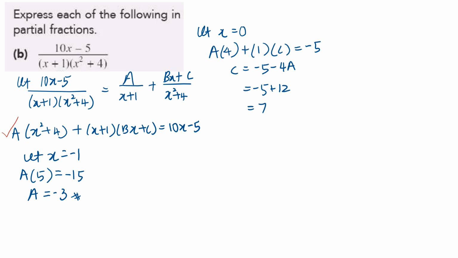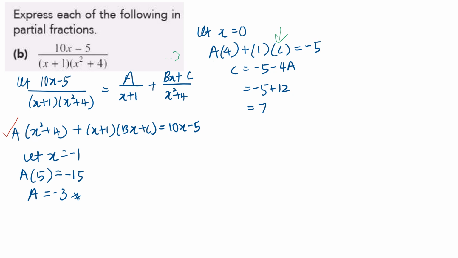Then we can eliminate b by letting x be 0. If we let x be 0, b will be gone, and since we already found the value of a, I can plug it back here. Substitute a to be -3, leaving only the unknown c, so c is equal to 7, right?